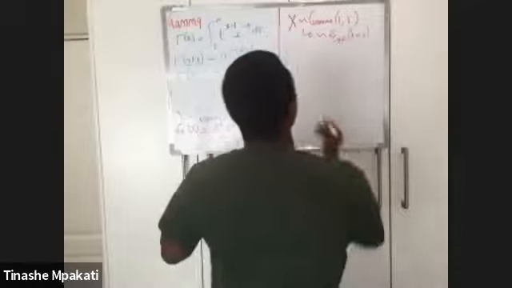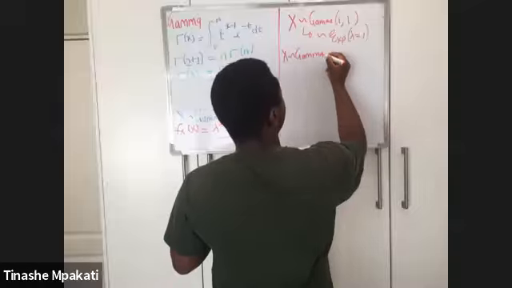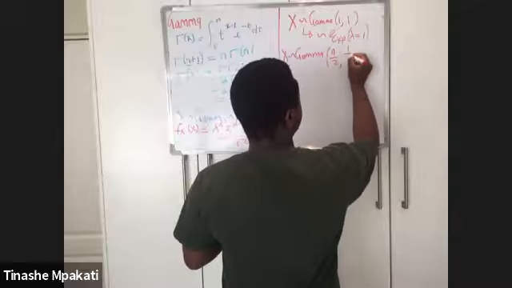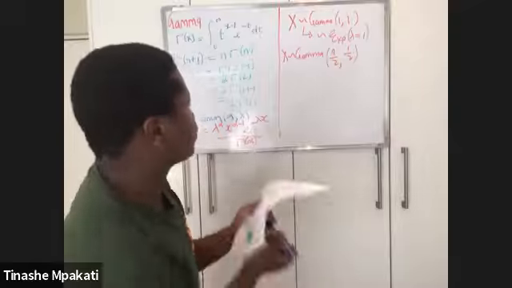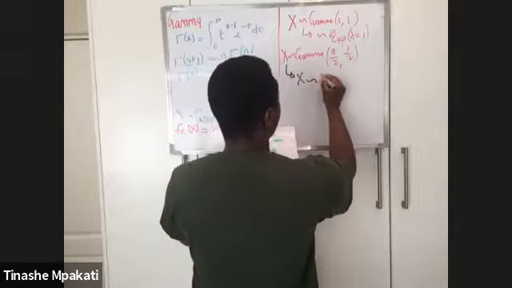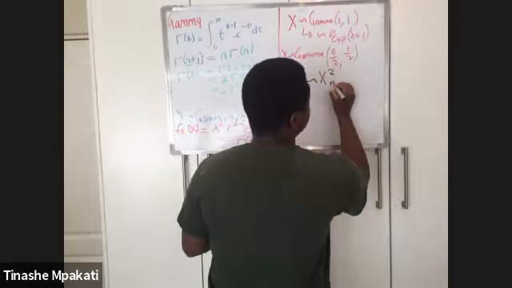Another special case is that if X has a gamma distribution, and the parameters you have are n over 2 and a half, it follows straight from that that this X also has a chi-squared distribution with n degrees of freedom.